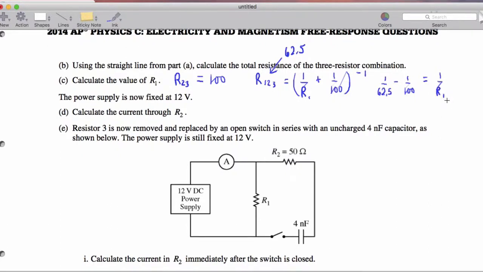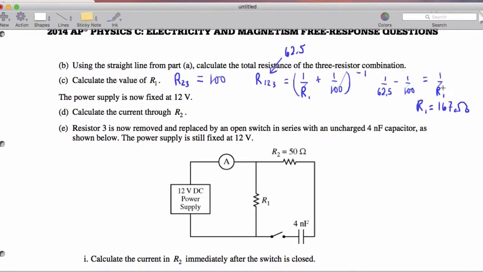So we'll do that math. And then that's 1 over 0.006. And when we actually take that, we're getting that R1 is going to be 167 ohms.